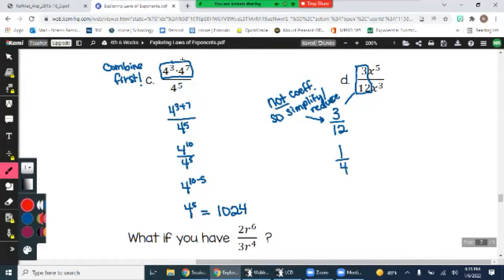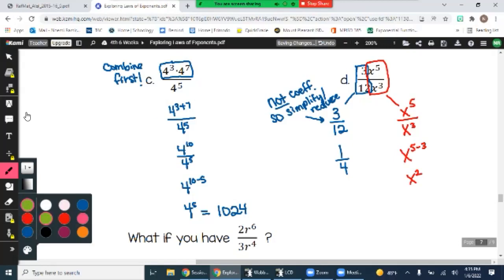All right, I'm going to switch to a different color. Now I'm going to grab this x to the power of 5 over x to the power of 3. We're dividing the same base, so the exponent needs to be subtracted. 5 minus 3 gives us 2.